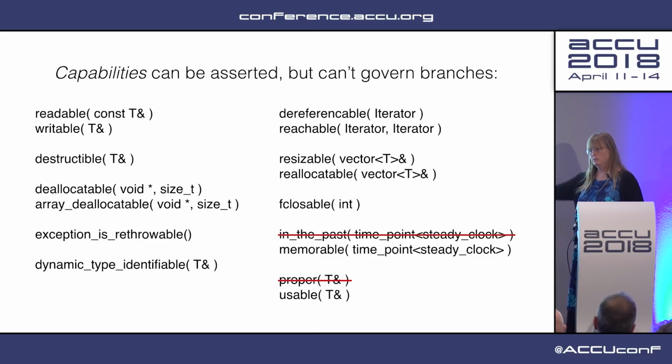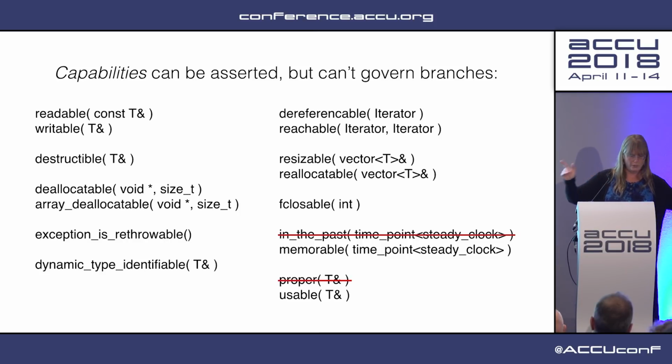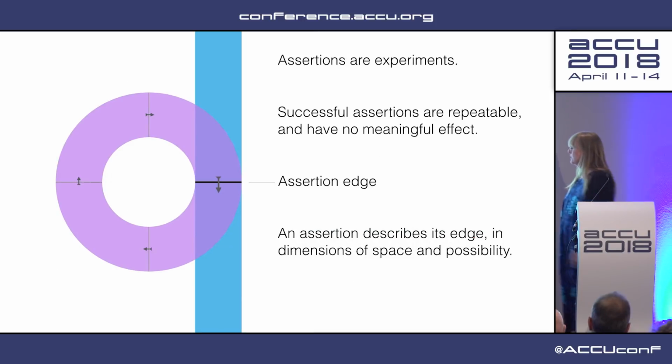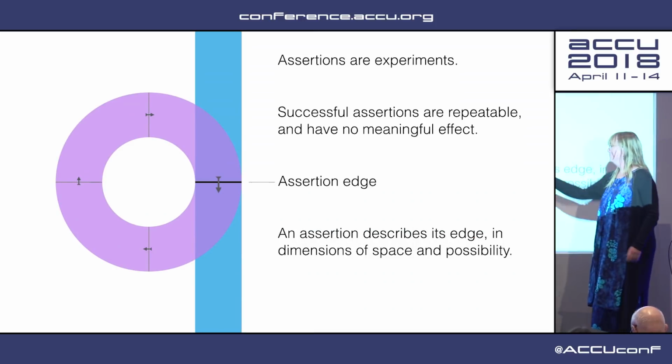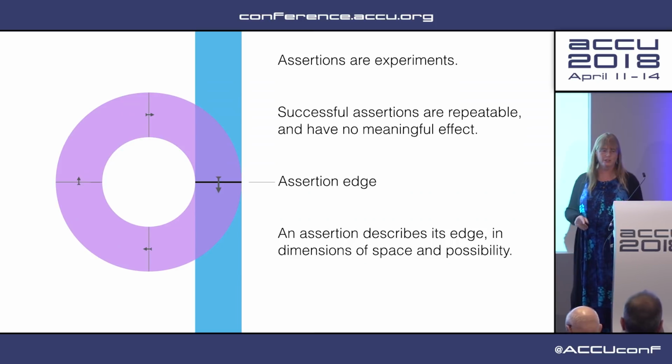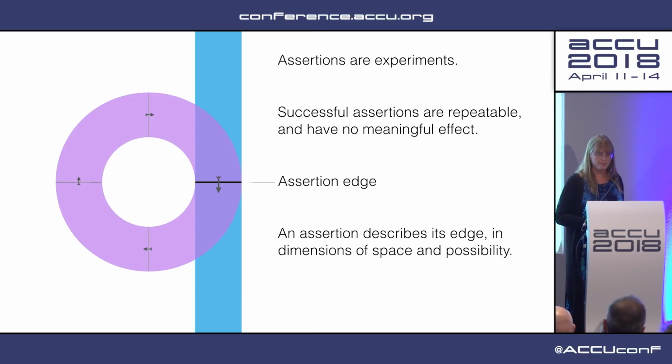Usable is about, there's a certain amount of space in that object that we are going to use. Even things like reachable, that's like, how big is that vector? Reachability. So this, I think, is how we connect to space in our assertions. We need these capability assertions. So that's assertions, describing their edge in dimensions of space and possibility.